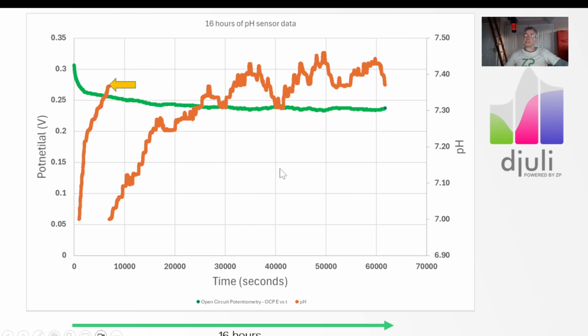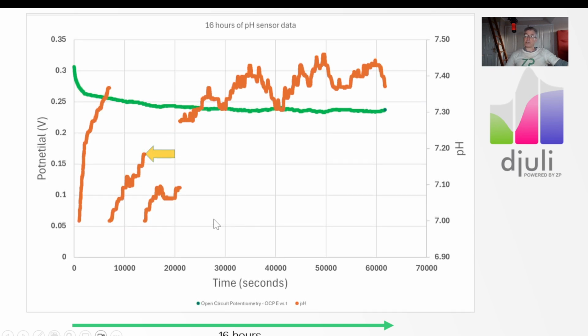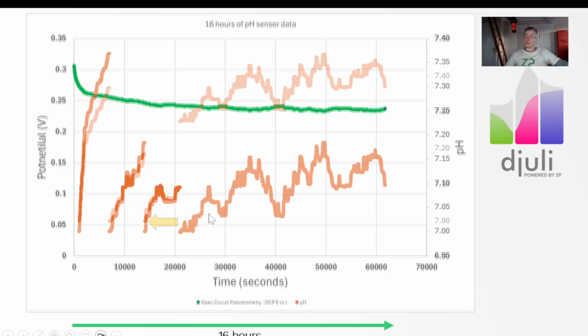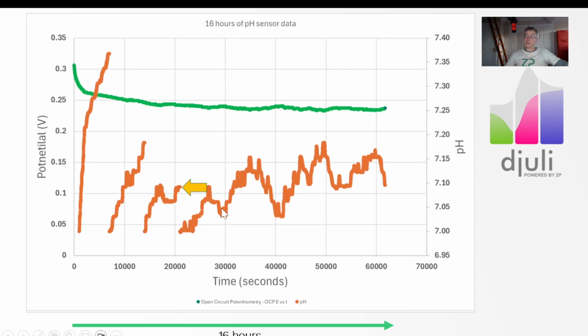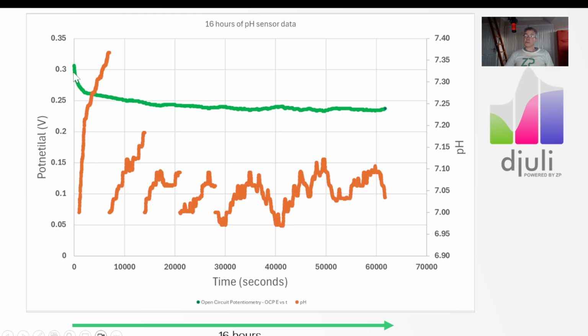Then 2 hours later, we introduced another calibration, and rather than it just drifting up, we reset the calibration, and then we reset it again 2 hours later. Rather than letting it drift up, we brought it back to 7, and we did it again.